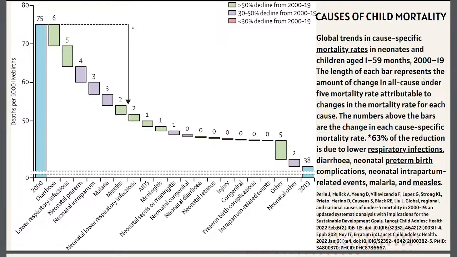So we have been able to decrease these deaths due to diarrhea, lower respiratory infections, neonatal complications, malaria, but this chunk, that is preterm birth complications, intrapartum related events, neonatal tetanus, injury, congenital malformation, these are the ones which are still taking the major chunk of the neonatal deaths that are happening.